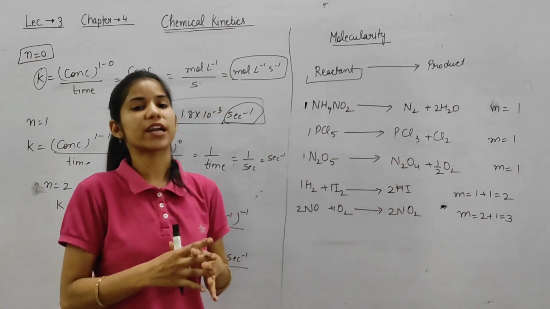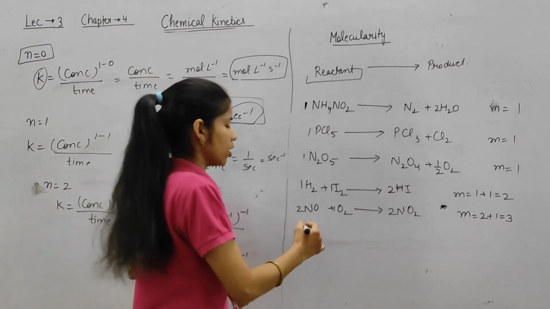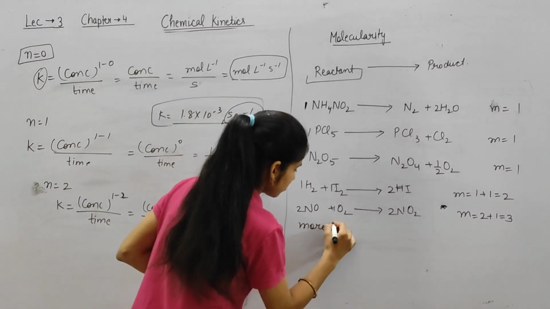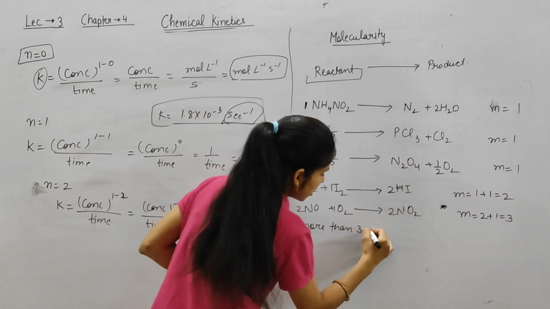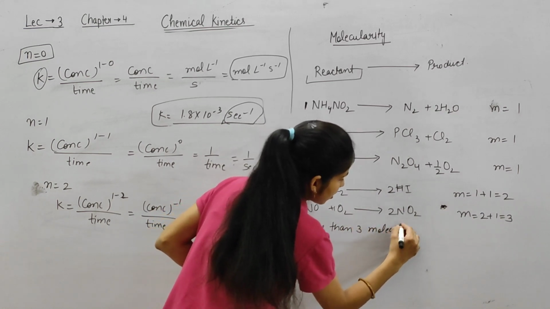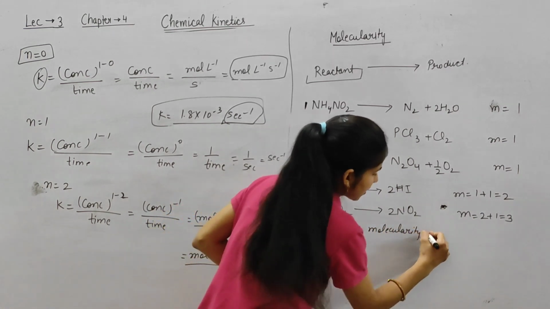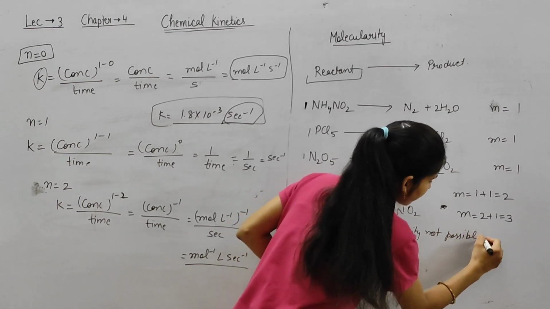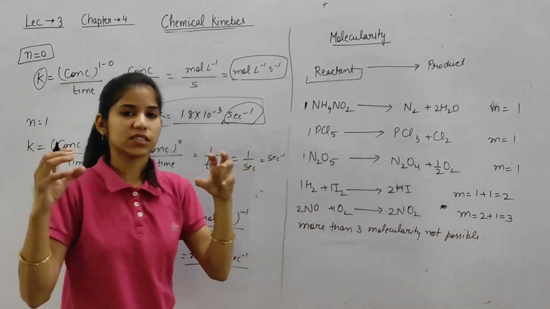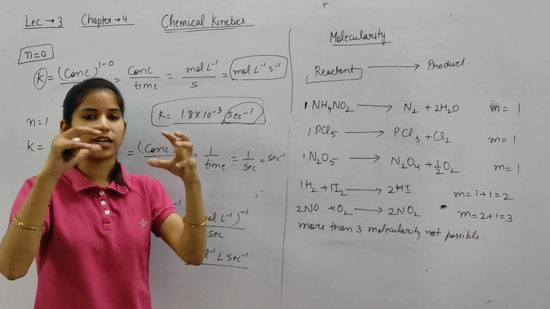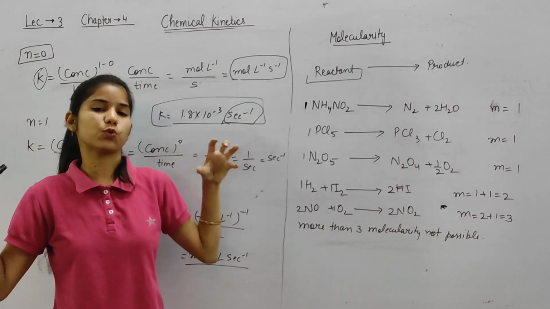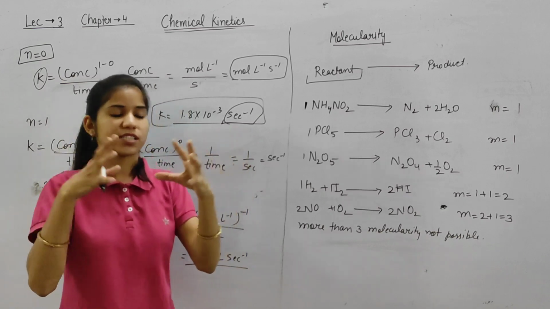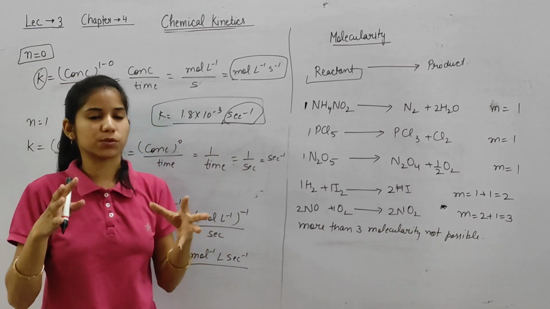More than 3 molecularity is not possible. Why? Like we are having 3 molecules, like 1, 2 and 3. So these 3 molecules would have to strike simultaneously. This is not possible.